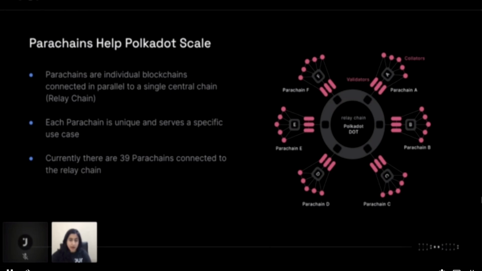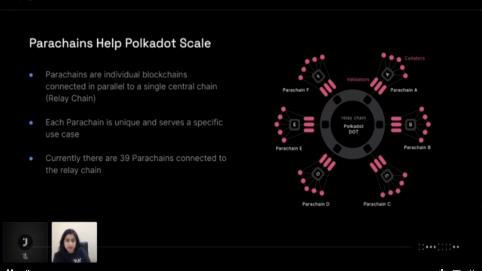And currently in this ecosystem, there are 39 live parachains that are already connected, and they are building their own specific use cases. Now, it is important to understand this architecture. How does it help, in a few sentences?